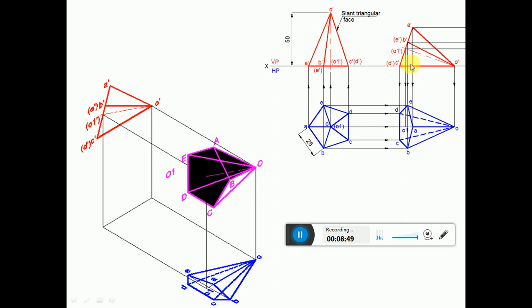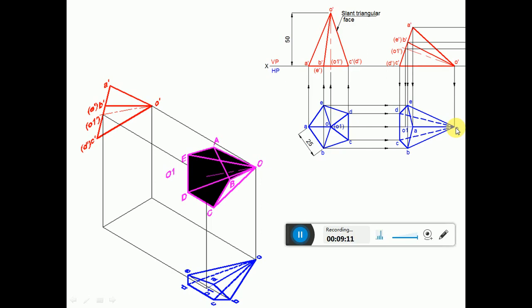And then you draw a vertical projector from A dash and draw a horizontal projector from A to intersect at the point A. Similarly, draw a vertical projector from O dash and draw a horizontal projector from O here. These two are going to intersect at the point O. So we are going to get all the points.